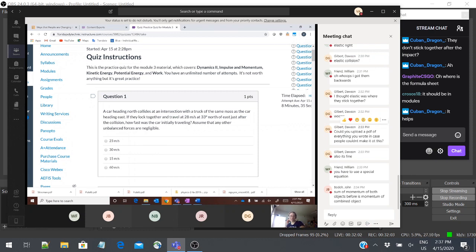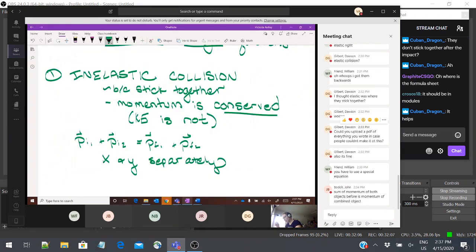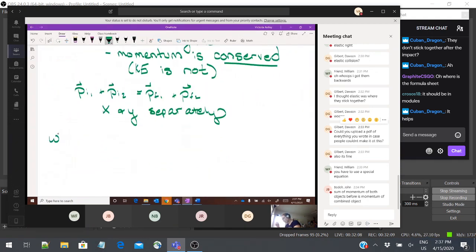Why are those connected? Well, because if you have one car driving this way and one car driving this way, right? And they collide and stick together, and then they go off in some new angle. If we make the bottom car go faster, right?